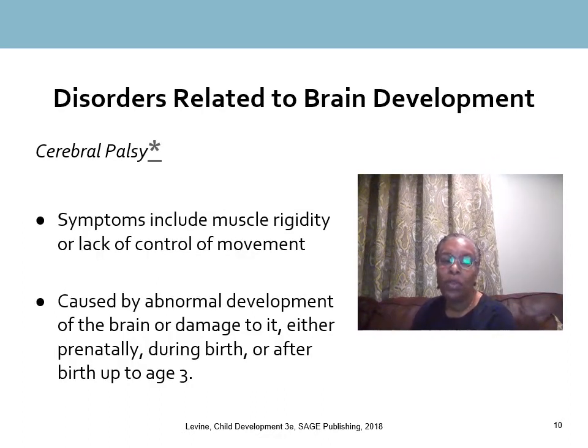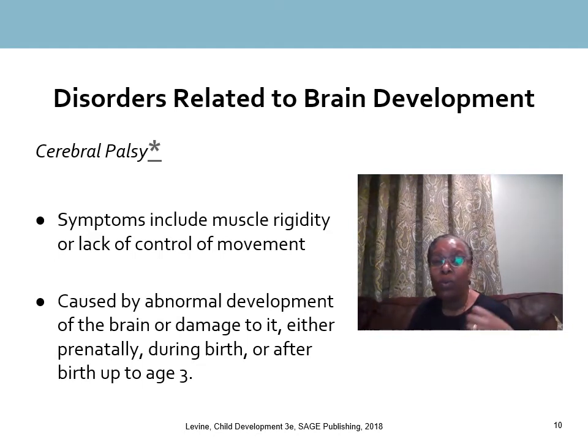All right, so I mentioned a few slides ago, talking about some problems that might happen in terms of disorders that are related to brain development. First one we're going to speak about is cerebral palsy. Now, this is a term that describes brain disorders affecting their ability to move or maintain balance as well as their posture.